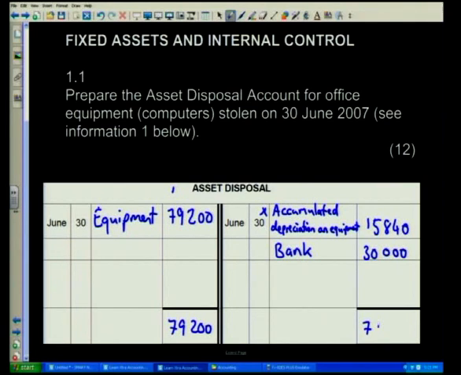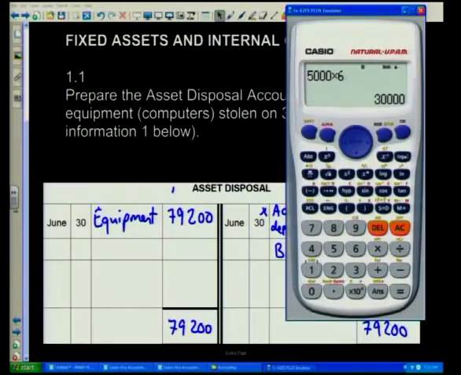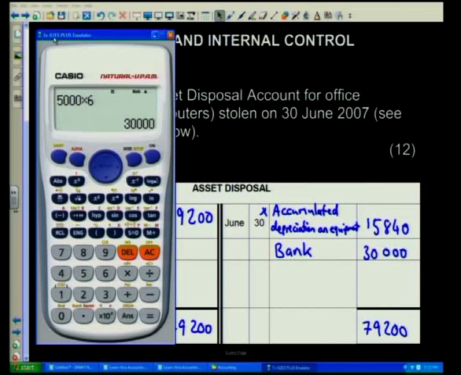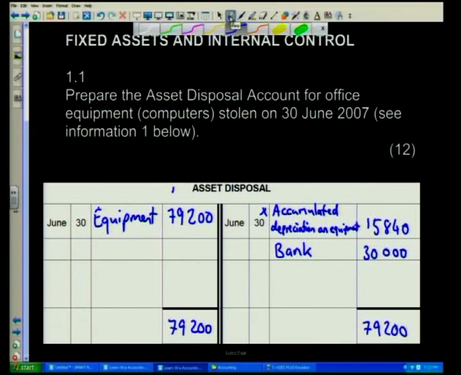So there's 79,200 Rand. Now, to balance the ledger account, we look at the smaller side, and we need to add something here that makes the two sides equal. That will, of course, be the balance in our account.